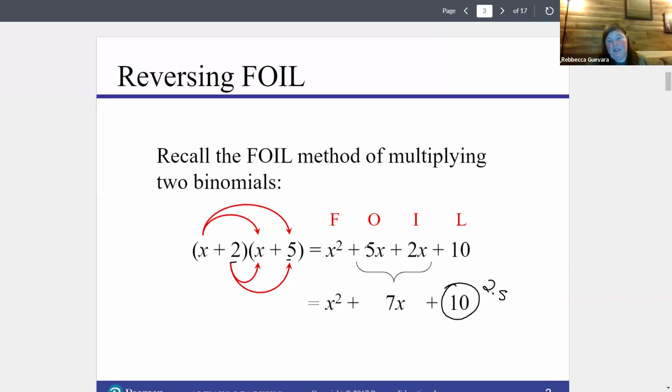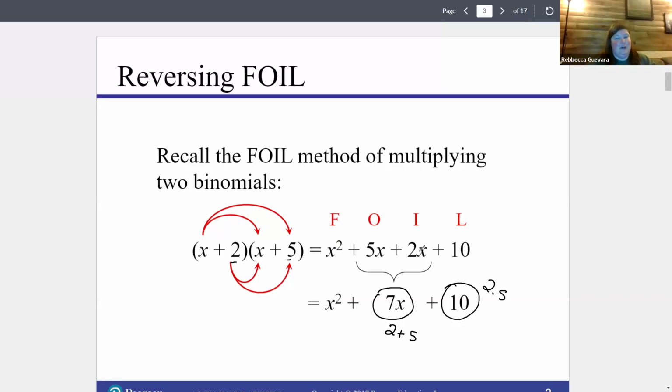Then the 7 here also came from that 2 and the 5, except this time it was the sum of that 2 and that 5. So this middle term is a sum of factors, and this last term is a product of factors, or product of numbers. They are the same numbers.